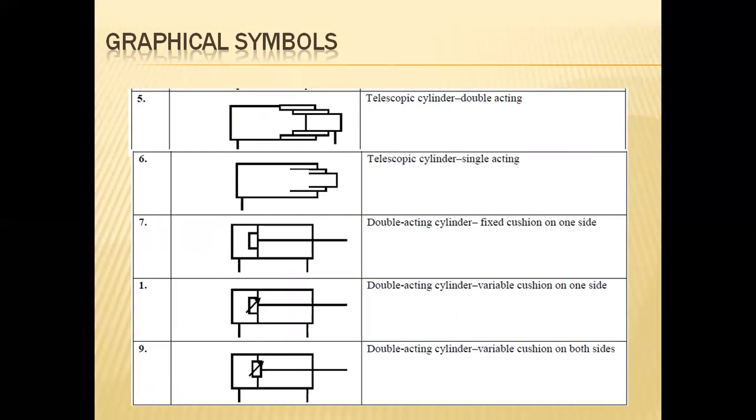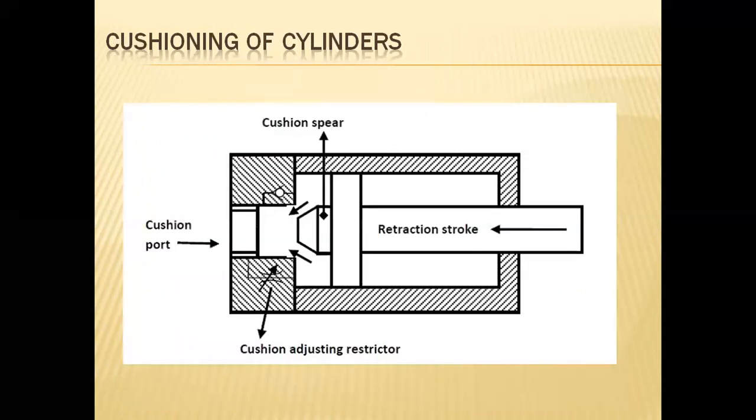So, a double acting cylinder with a fixed cushion on one side and simultaneously a variable cushion on one side which can be varied, and a double acting cylinder with cushioning on both sides, variable. So cushioning. What is meant by cushioning?